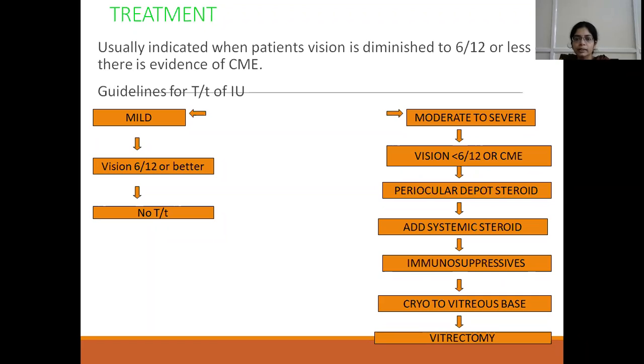If it is not responding to steroids, the second-pronged approach would be immunosuppressants, like azathioprine, methotrexate, cyclosporin, cyclophosphamide. All these immunosuppressants form the second level approach.